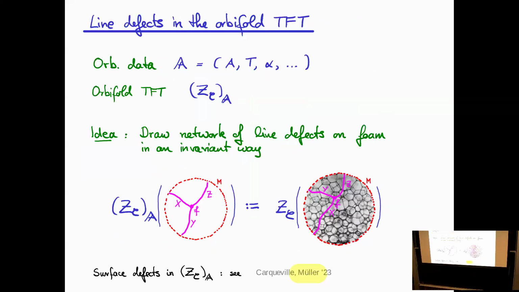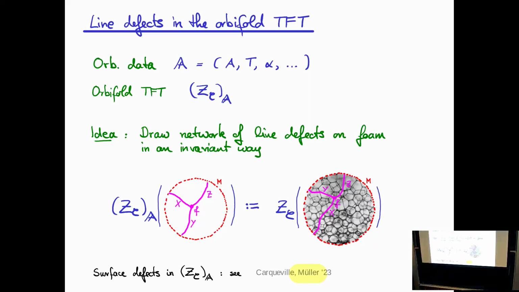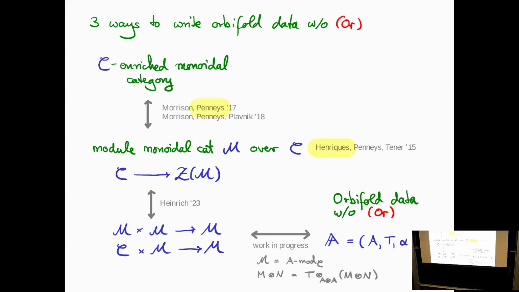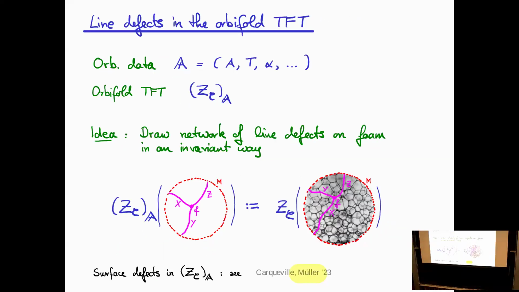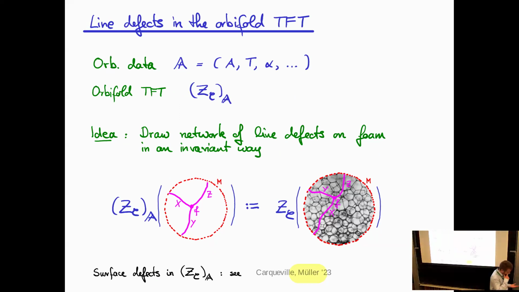Okay. So I've described the data. I need to use a new TFT, namely this orbifold data, and now I am asking what, for example, line defects look like in that new orbifolded theory.